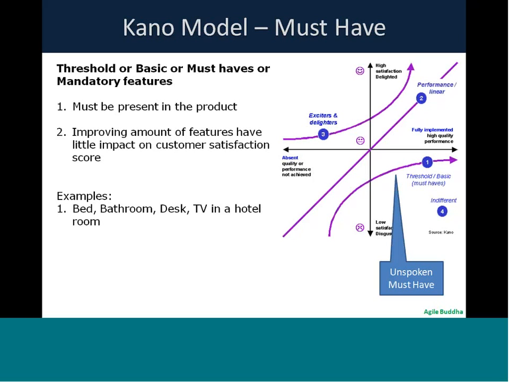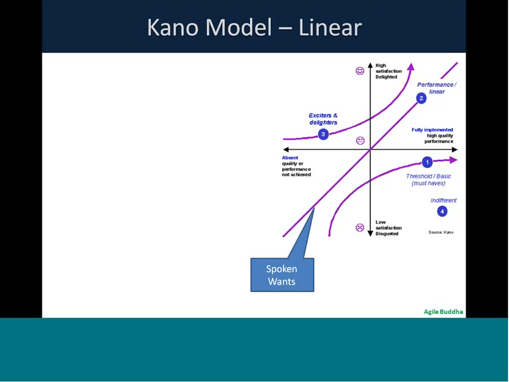So that's one example of what we mean by must-haves. Second, take your phone. For example, making and receiving calls, sending and receiving text messages. These are the must-haves. If you don't have these functionalities, you probably may not purchase that product at all, right? So these are what we call mandatory features. Now, the second, which I want to talk about, is what I call linear features.